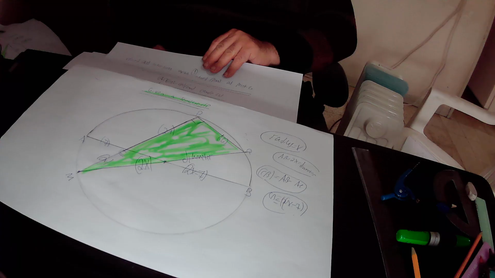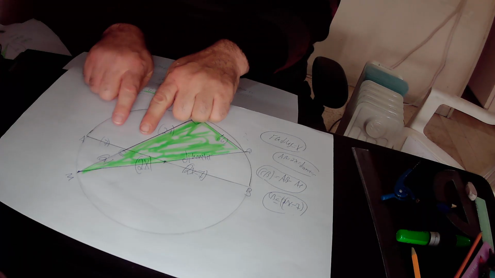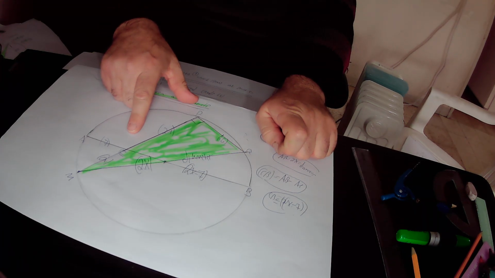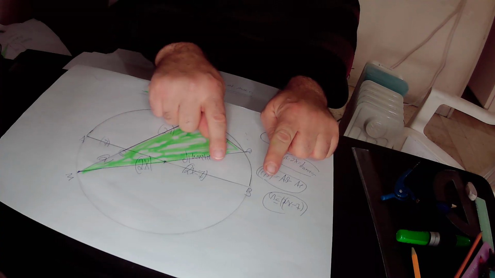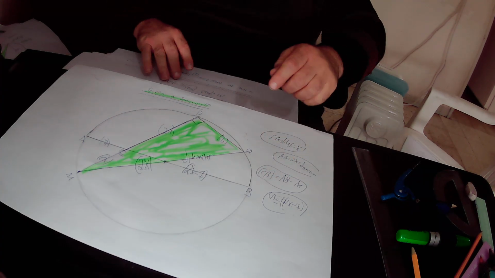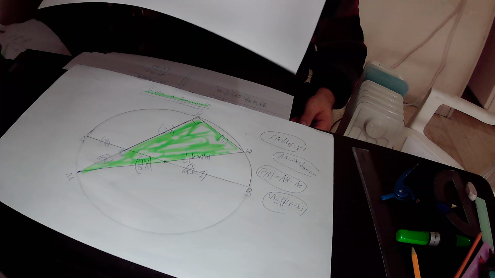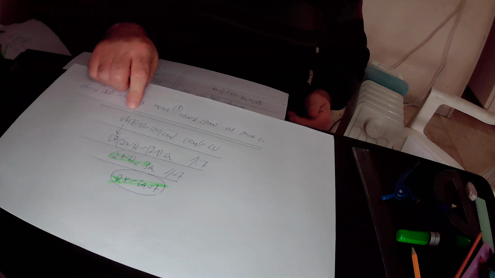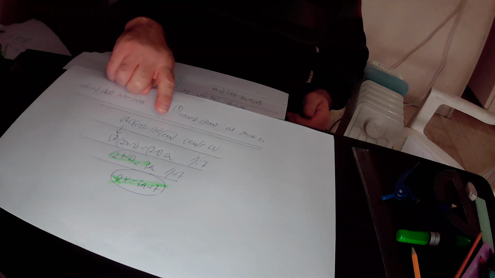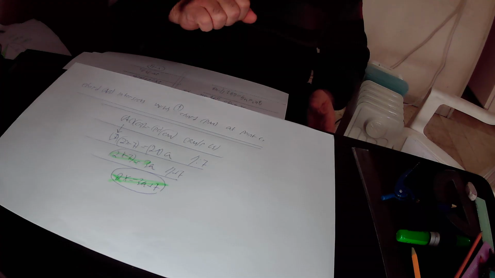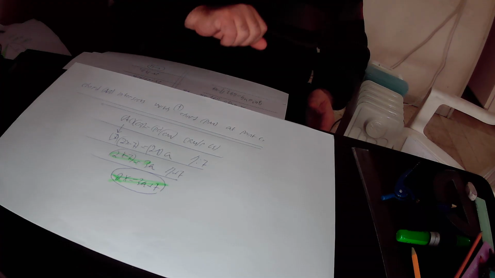According to the theorem, the following equation is true: AC times CB equals PC times CM. This equation is the implementation of the theorem in our drawing.